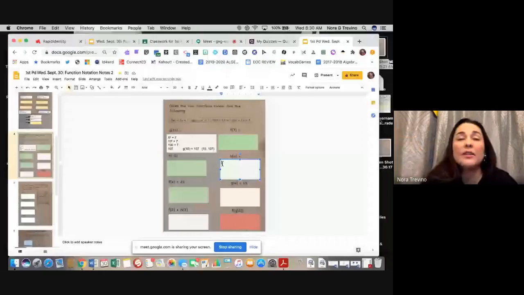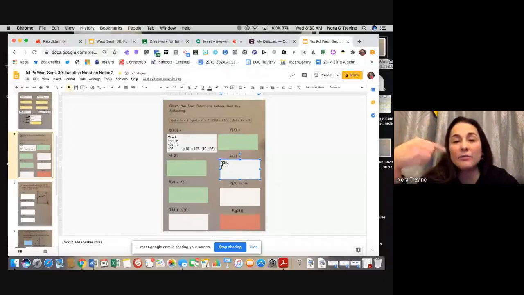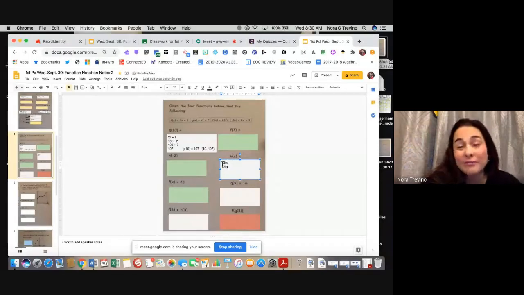Okay, so here's what they're saying. You're going to take the H, which just says 12 divided by X, right? And they're saying, input me as the X value. Okay, 12 divided by A. They're just telling you to switch the letter. That's it. We're not going to be able to solve it because A is not a number, so I can't divide. Okay, so that's it.